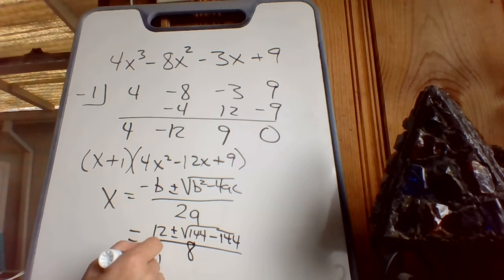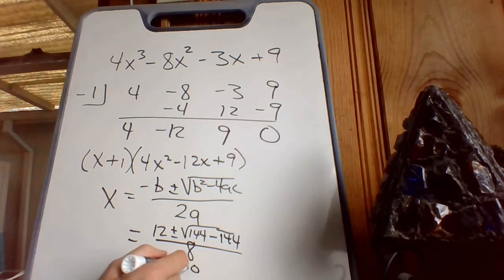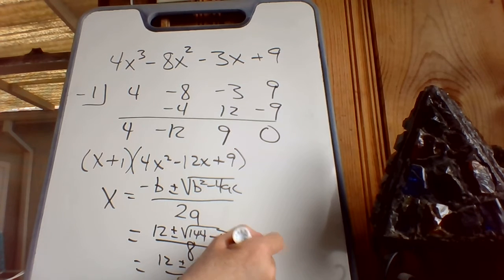So this is 12 plus or minus 0 over 8. So that's 12/8, and that reduces down to, 4 goes into both of those, 3/2. And that's a double root because of the plus and minus 0.